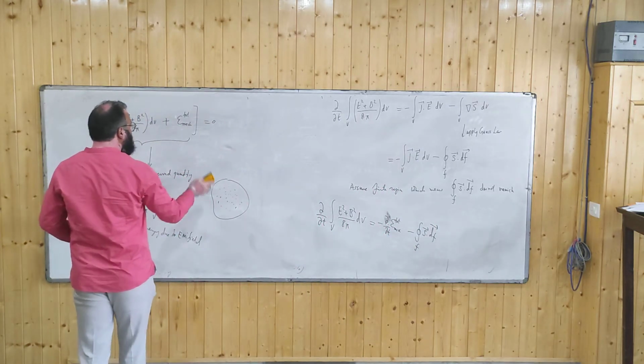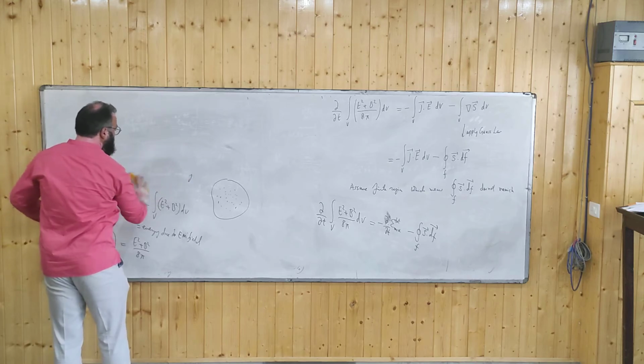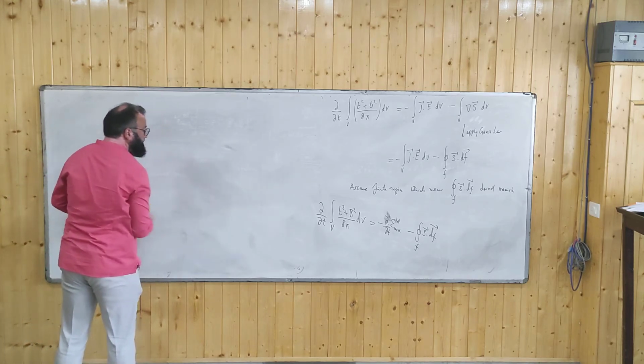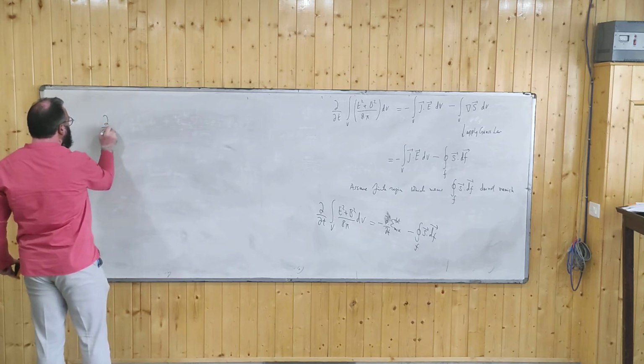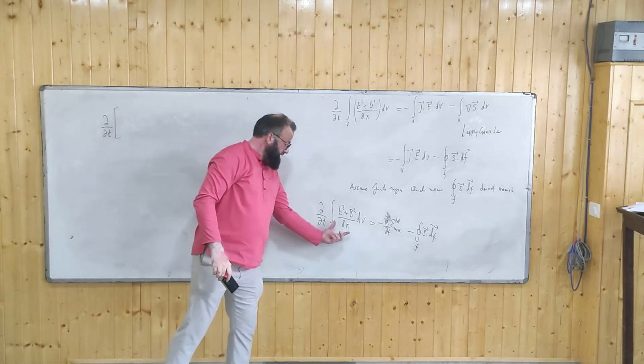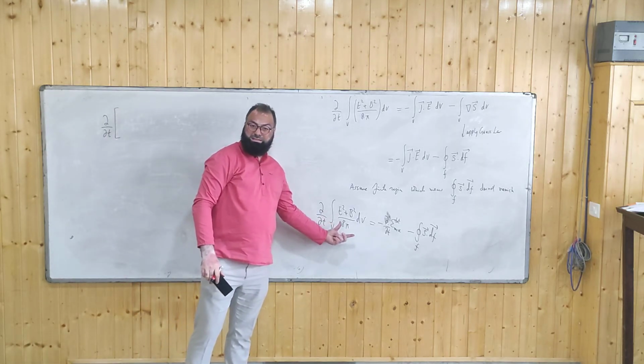Let's rewrite it. So I'm having the partial by partial t. This quantity I called the energy of the field.